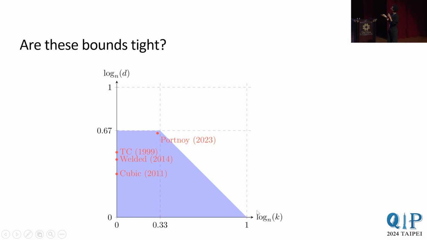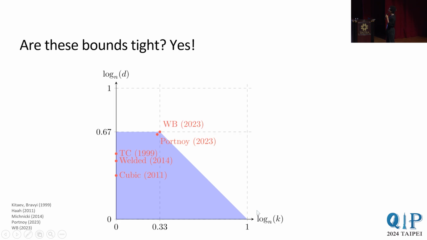There was a result by Portnoy that created codes that are very, very close to getting to this optimal point. And finally, with our result, we get to this optimal point. You might wonder, what about the slope of the bound? Once you have these codes, it's actually really easy to slide up and down on this slope.